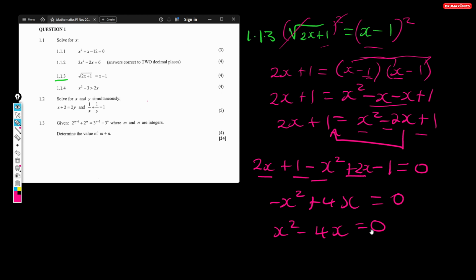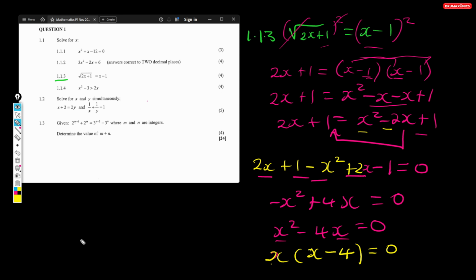So then now I think we have to take out a common factor, x. The color is changing, my apologies for that. Then this will be x into x minus 4 equals 0. If you multiply everything in the bracket by x, you'll get this equation, meaning that you've taken out the common factor.